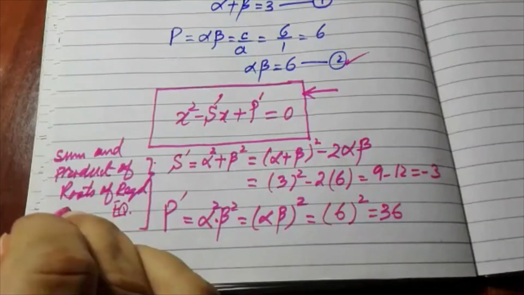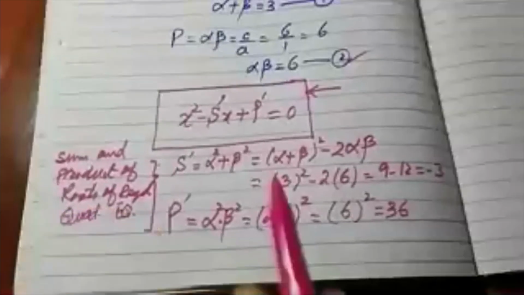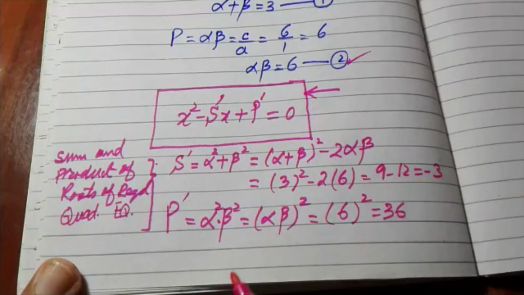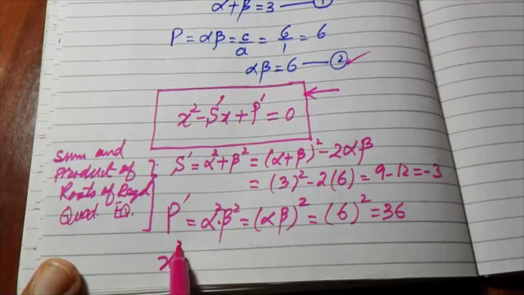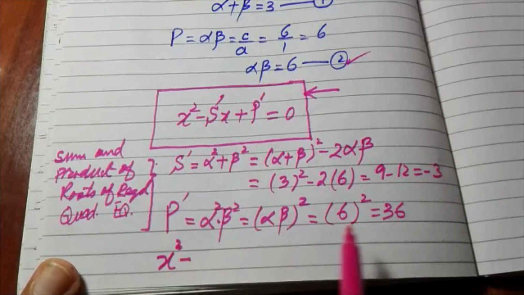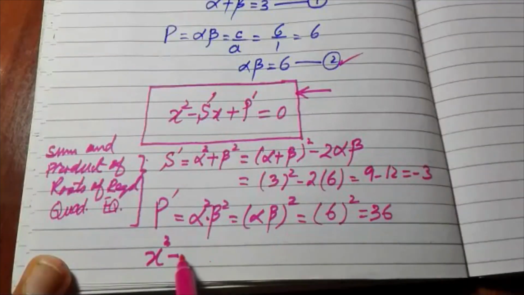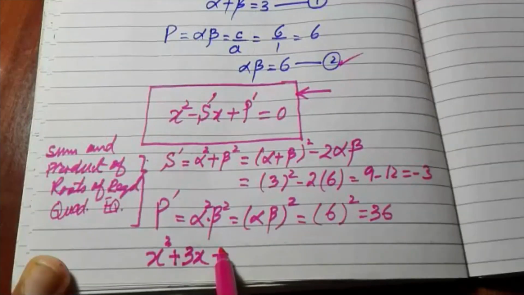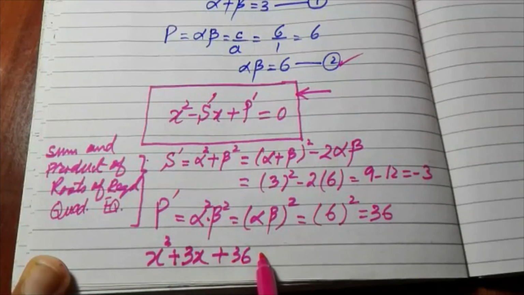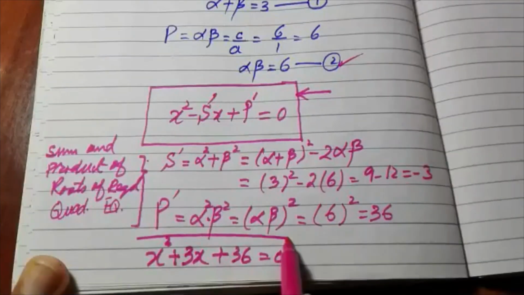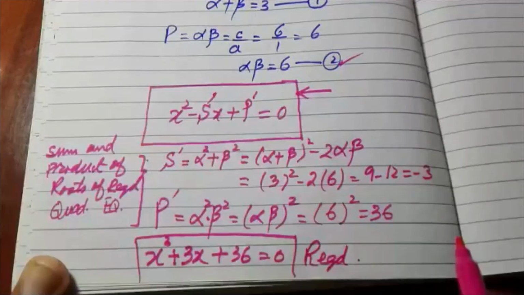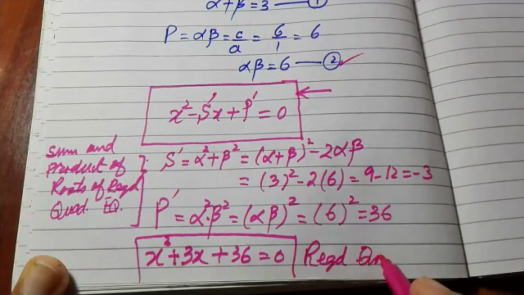Now you will substitute the values in the formula in the box. You can write it as x square, and in place of s dash you write minus 3. Minus minus becomes plus, so it becomes 3x, and the p dash value is equal to 36. So this is the required quadratic equation.